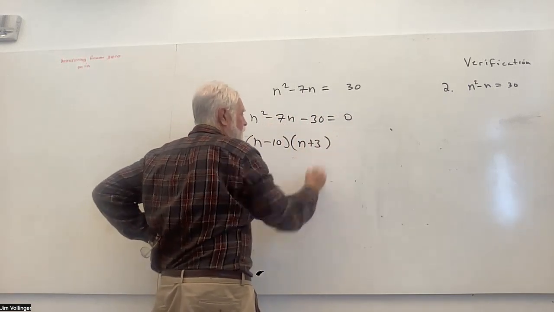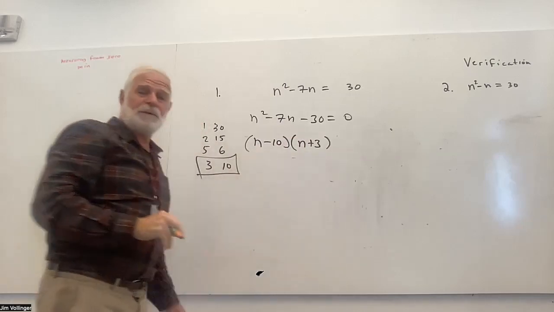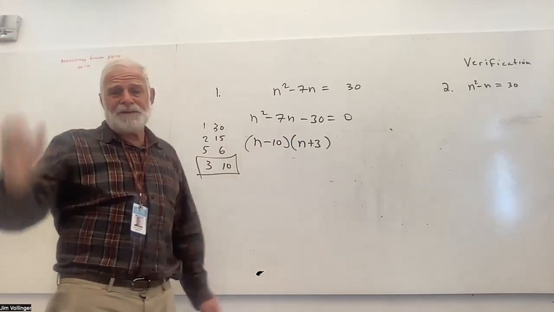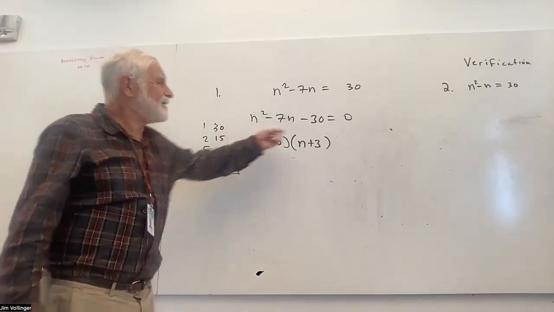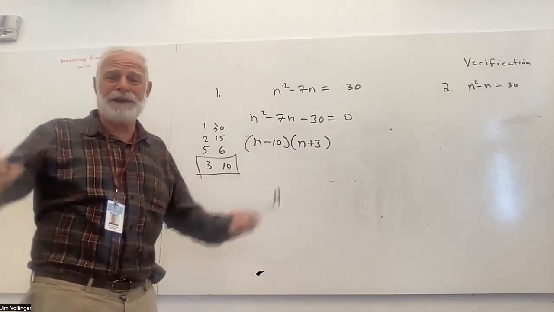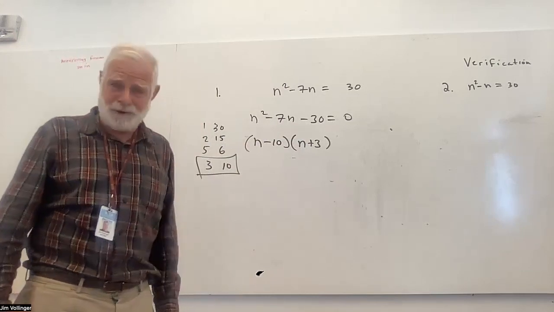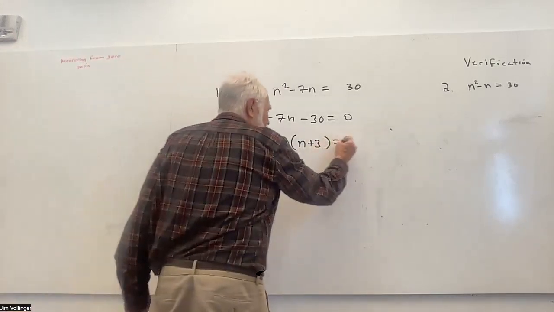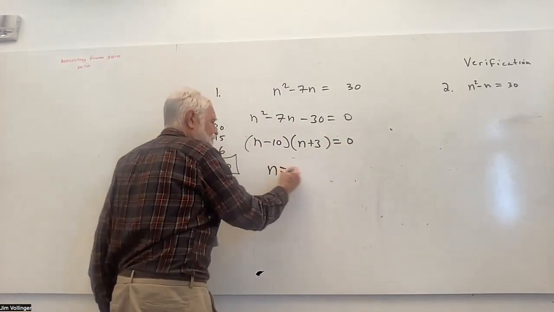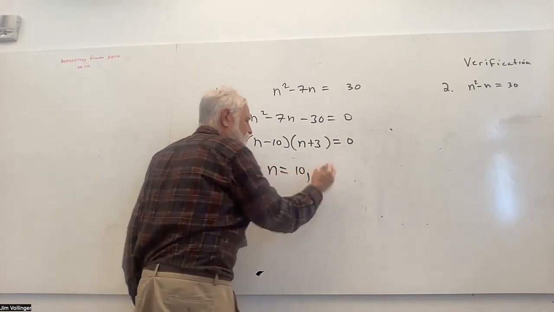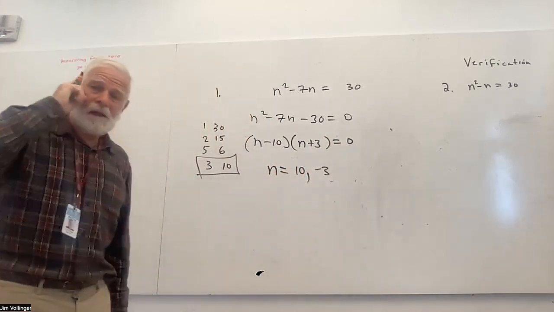N plus 3. And this is the first mistake people made on last night's homework. This is an equation. We're looking for answers. Yes, you factored it properly. Happy for you. But it's still an equation and it still deserves answers. All right?